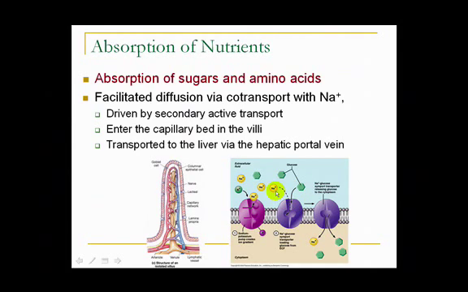Okay, and as sodium moves down its concentration gradient, it brings glucose with it, despite the concentration of glucose in the cell. And then the glucose and the amino acid will enter into the capillary, and it'll be transported to the liver through the hepatic portal vein, where, if you have too much glucose, it will be stored as glycogen, or it will continue in the blood.